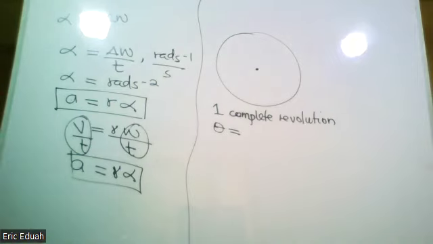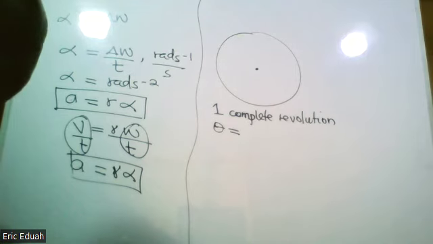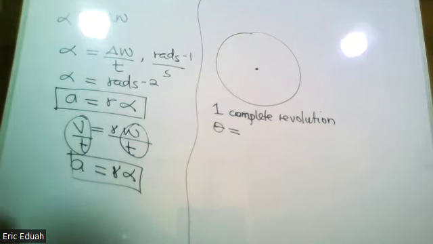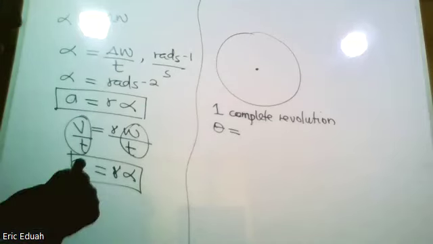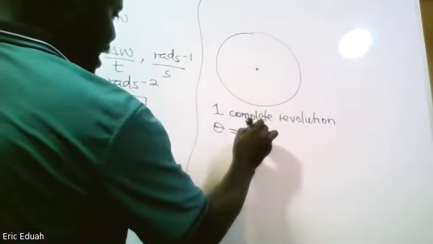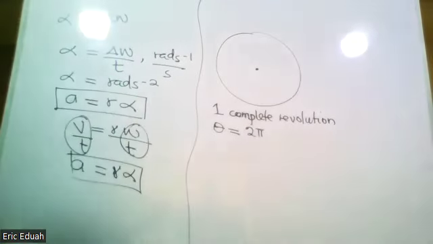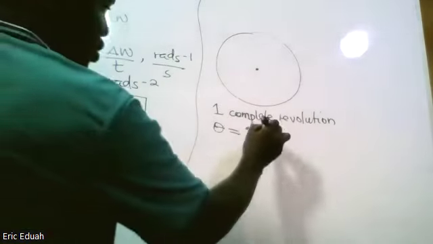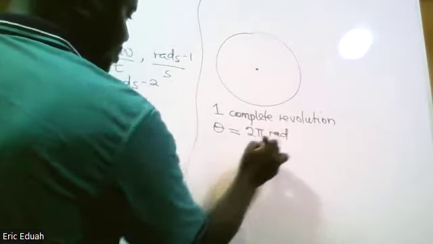For one complete revolution, what's the angular displacement? 360 degrees. In terms of radian, 2 pi radian. Good. So this is equal to 2 pi. Here we are working in SI units, so 2 pi radian.